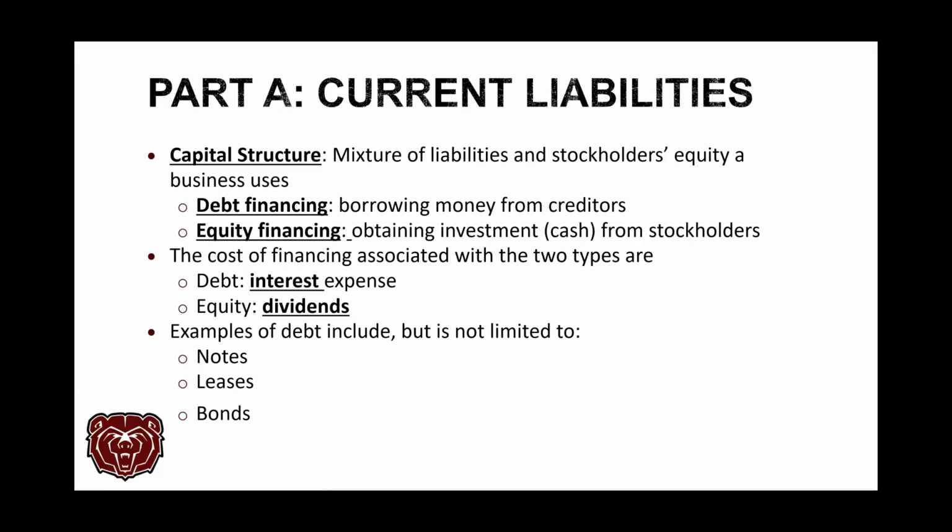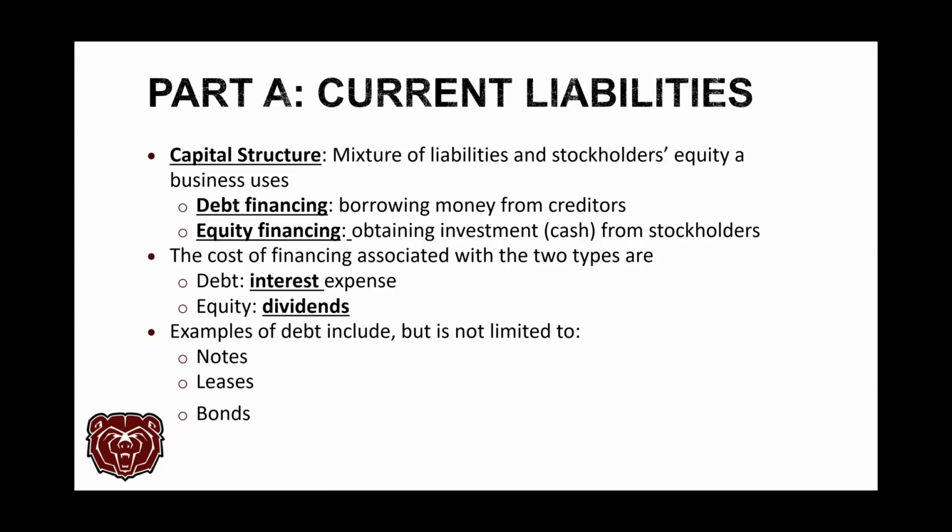And with equity, the cost of giving ownership of our company to other people is going to be dividends. So we provide them with dividend income. For us, it's not an expense. Remember, we talked about way early in this semester that dividends are not an expense, right? They're a completely separate item.